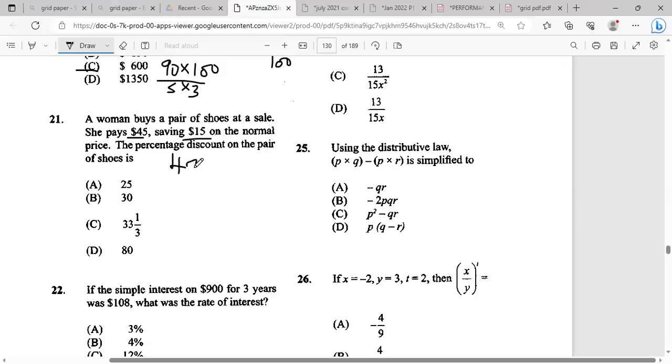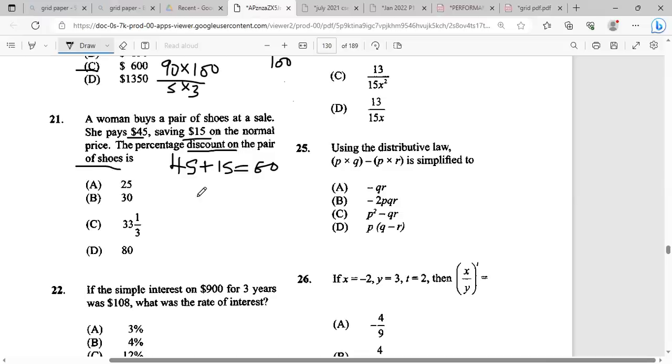That's what they say, she saved that, right? So the original price was $60. A woman buys, she pays that, saving on the normal price. All right, the percentage discount. So they want the percentage discount on the pair of shoes. Looks like 25%, you know.